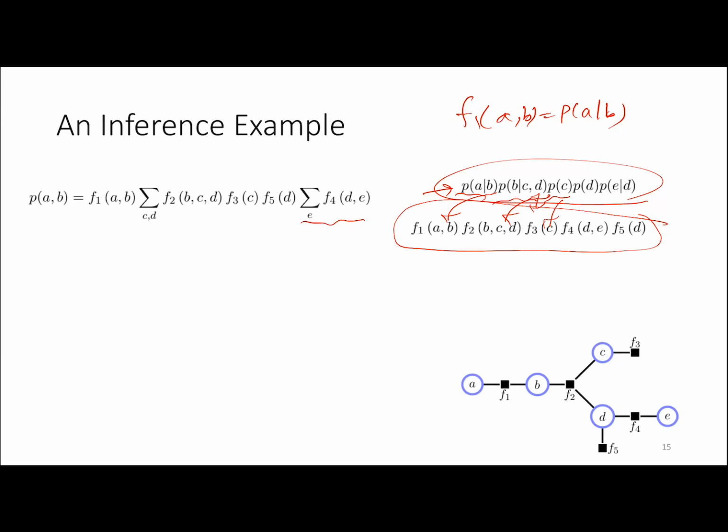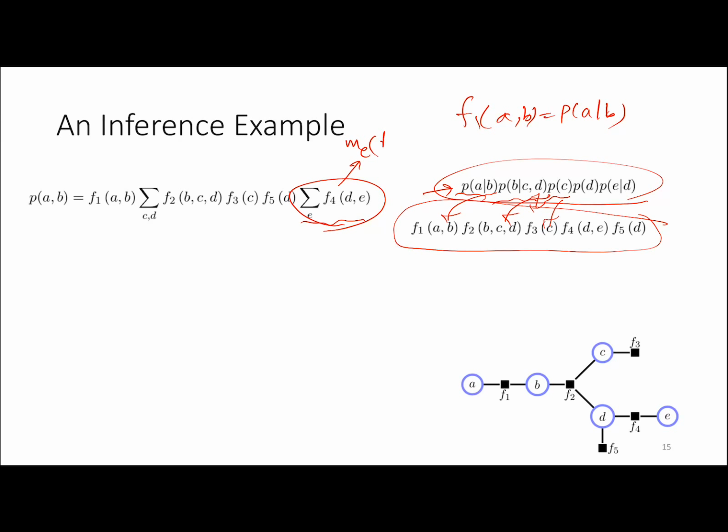Now I'm going to give you a different interpretation of this. If you remember, when you are summing over D, summing over E, this is going to be a new function of only what is remaining, right?